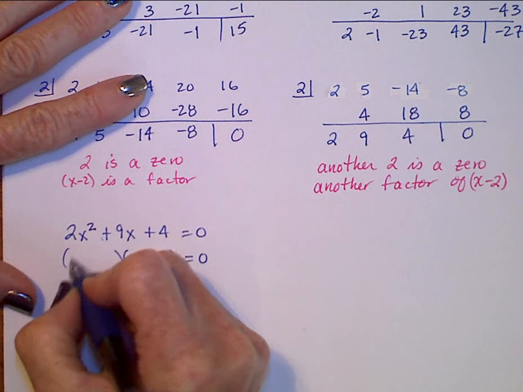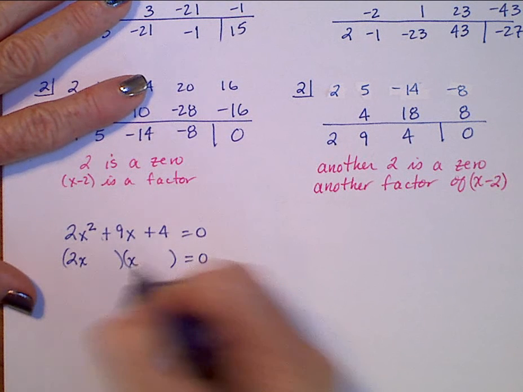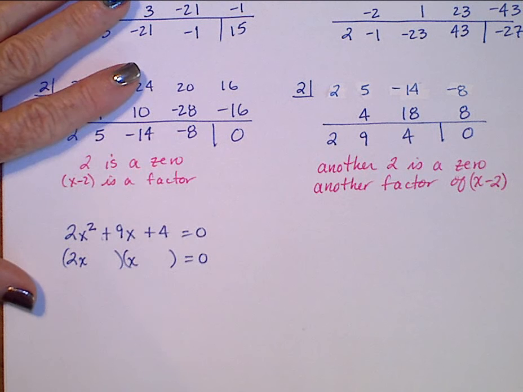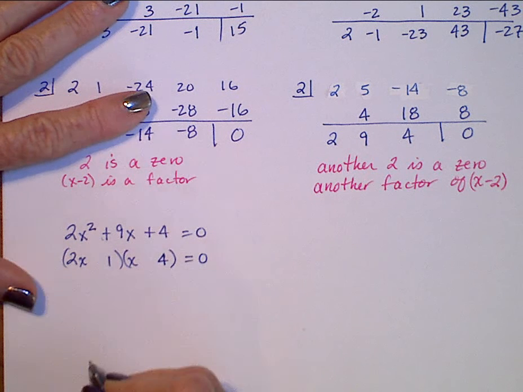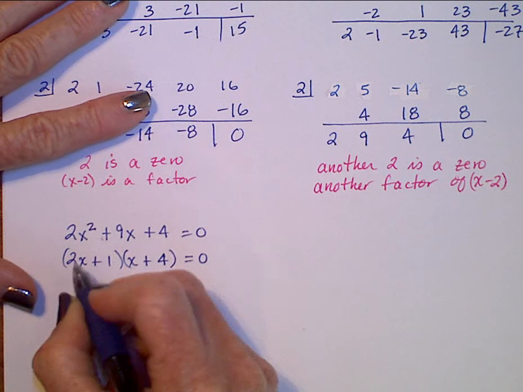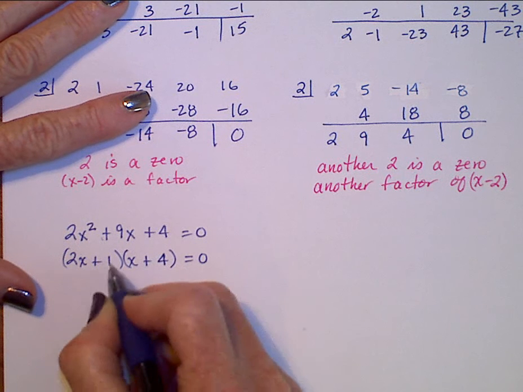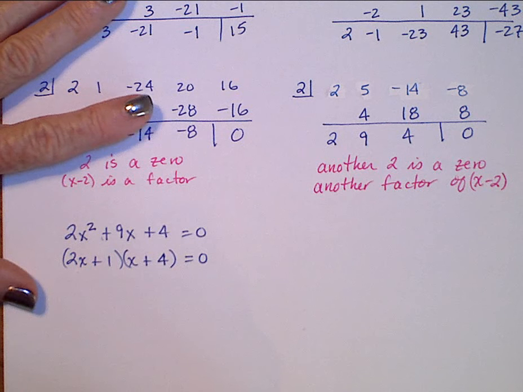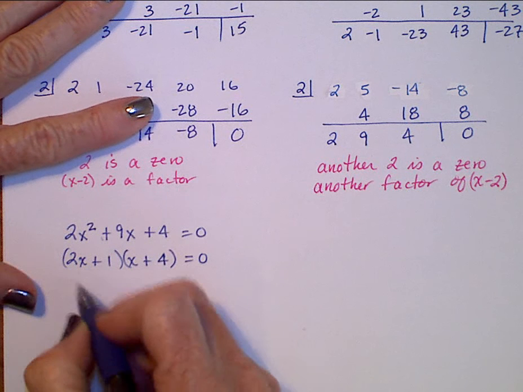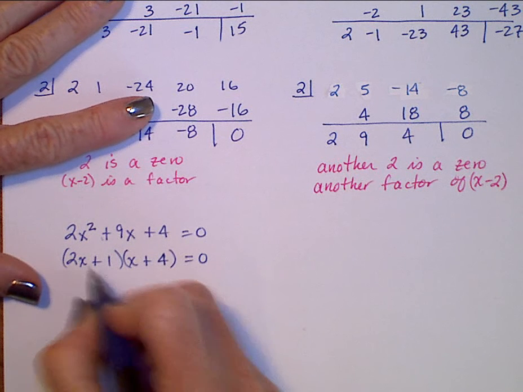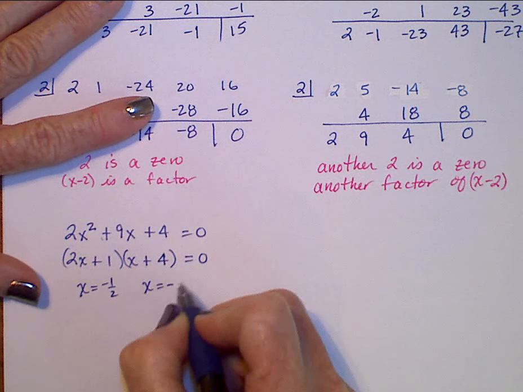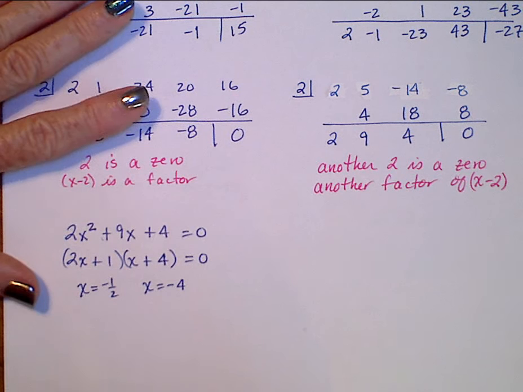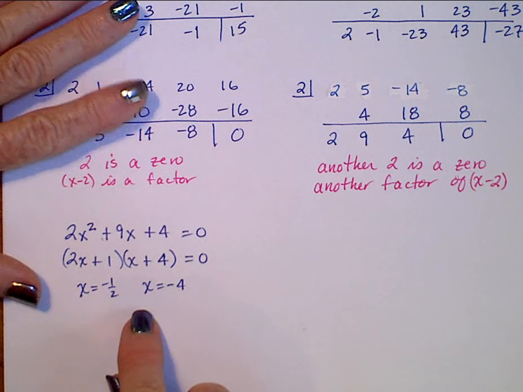Let's see, 2x, 2 and 2 isn't going to work. Let's try a 4 here and a 1 there. Yeah, there's 8x on the outside terms and a 1x on the inside term, which is going to give us, from this one, x is negative 1/2, and from over here, x is negative 4. There's your two remaining zeros right there.